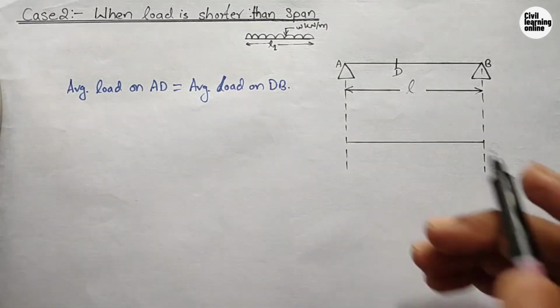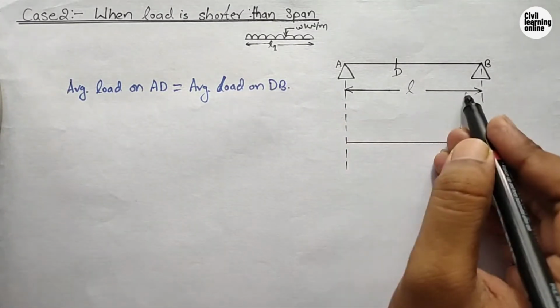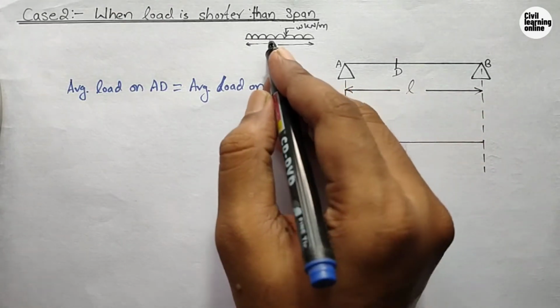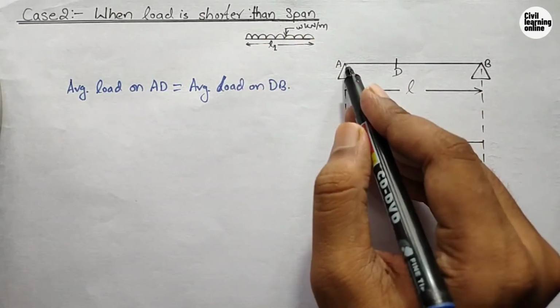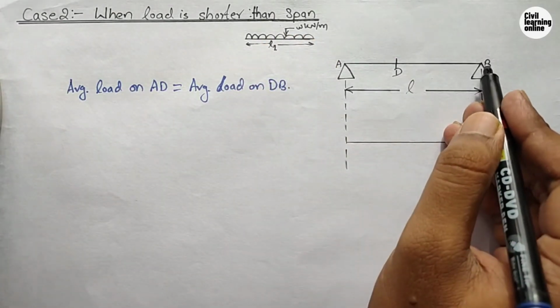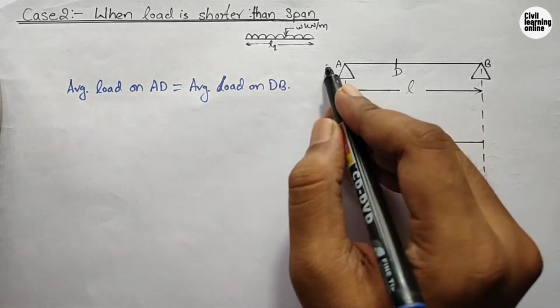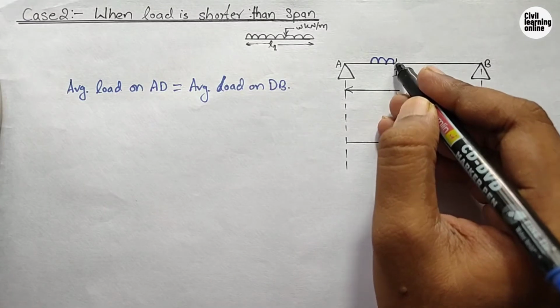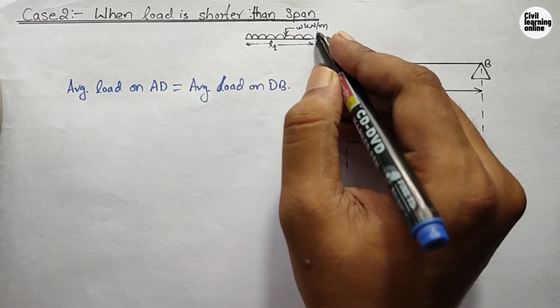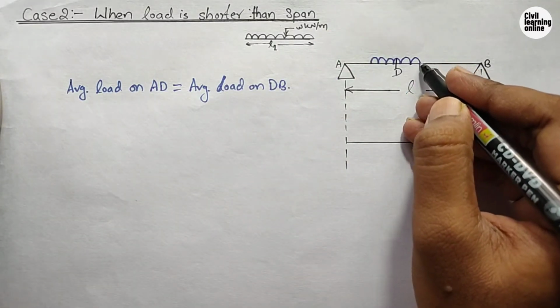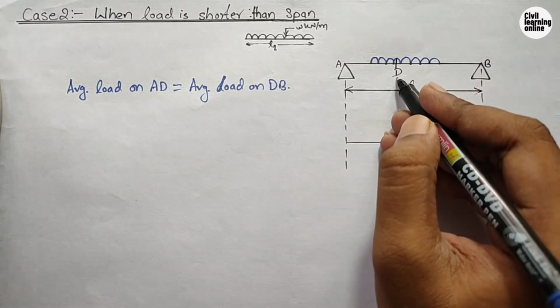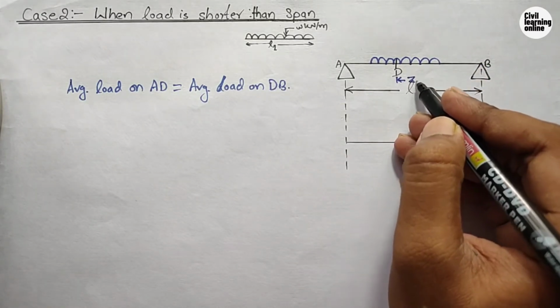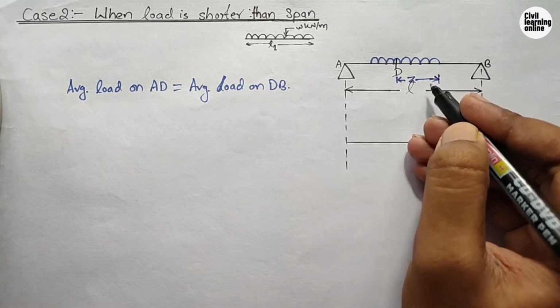Suppose this whole span is our AB, and this UDL is moving on the girder from A to B, and while moving, let us assume that the UDL, which is W kilonewton per meter, has crossed point D, and it is Z distance ahead of the point D.